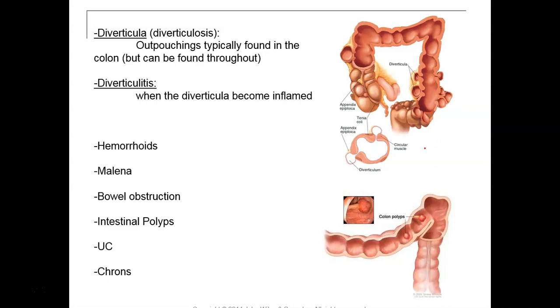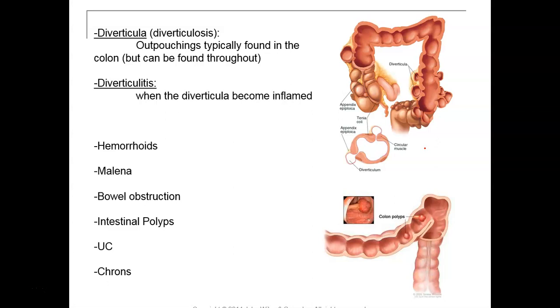Hemorrhoids, again, are simply dilation of the anal veins, the veins lining the inside of the anal canal. Generally, it's straining through a bowel movement that causes them to enlarge and engorge. It takes a huge amount of pressure for defecation to occur.